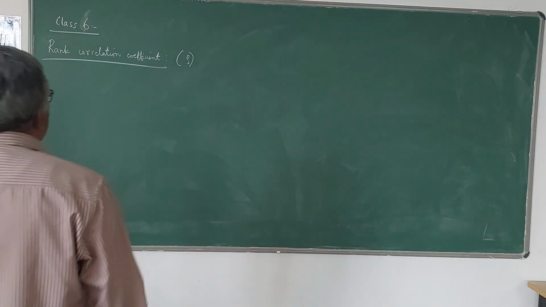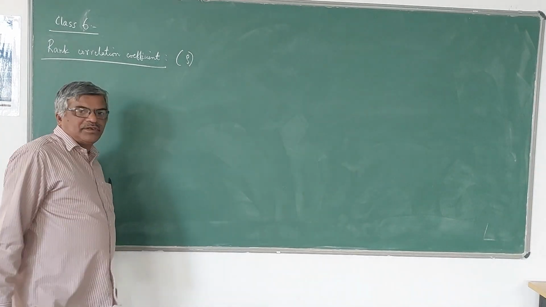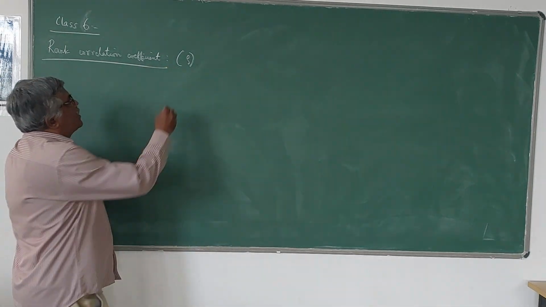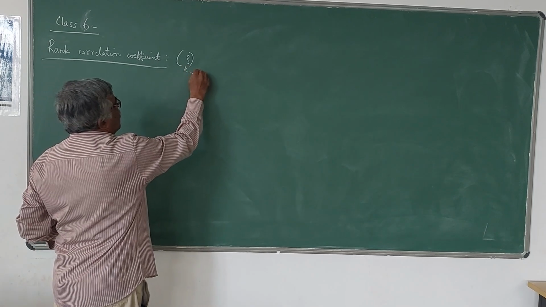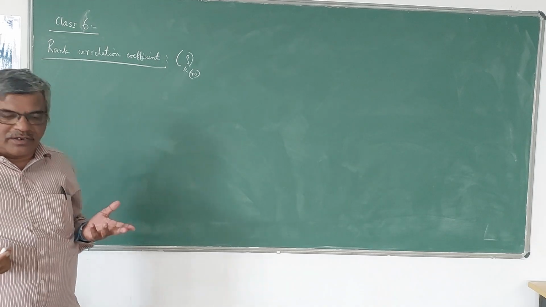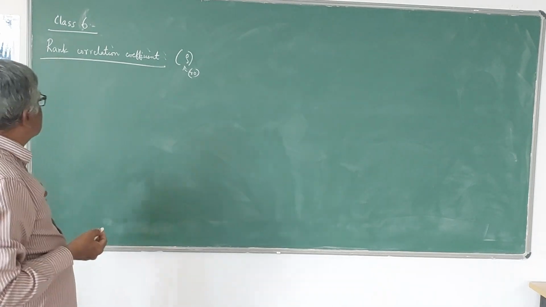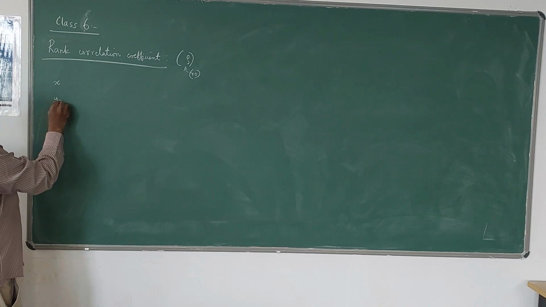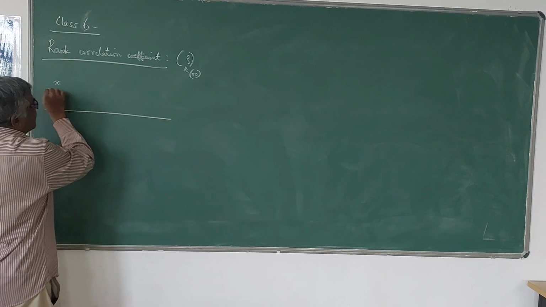So in this class, we'll discuss another coefficient called the rank correlation coefficient, denoted by rho. We have learned about the correlation coefficient and also regression lines. Here, suppose two sets of data are given, x and y.